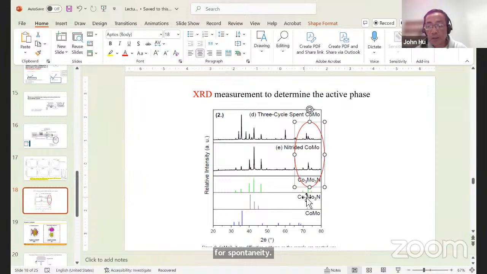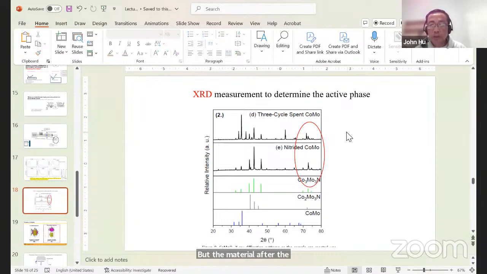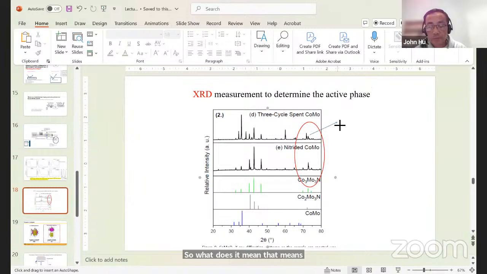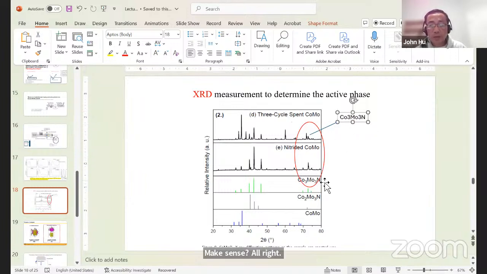Keep in mind this is the cobalt moly nitride standard we purchased, but the material after 3 cycles has similar peaks. Make sense? So look at it, this is the standard.